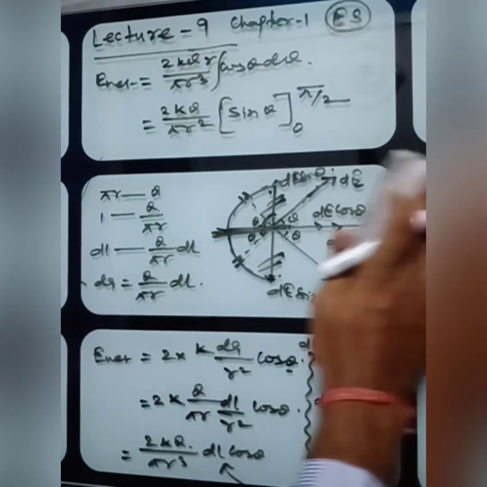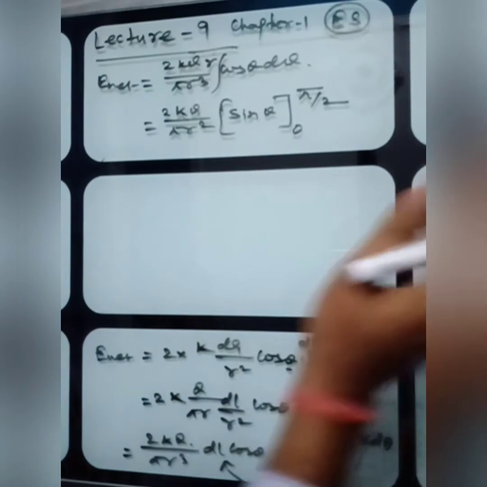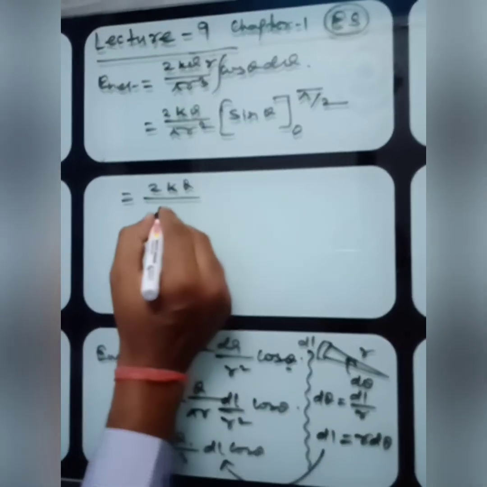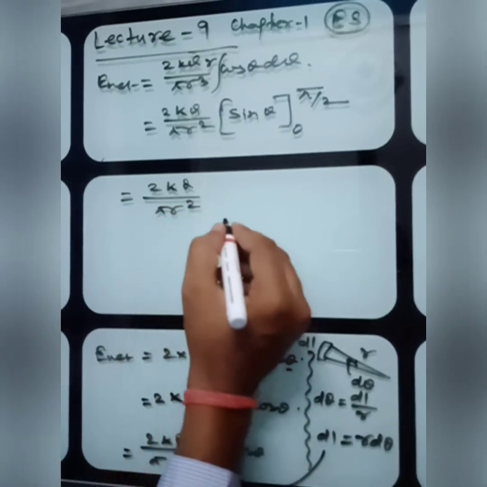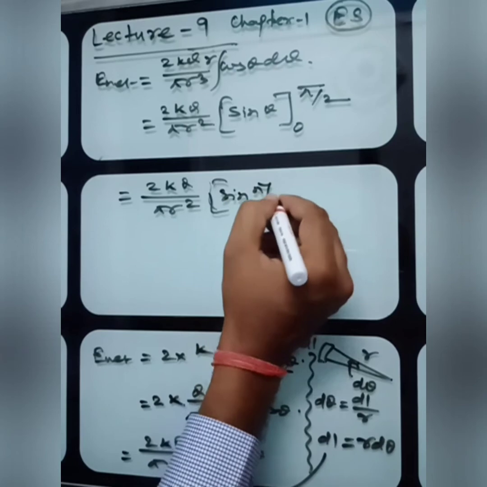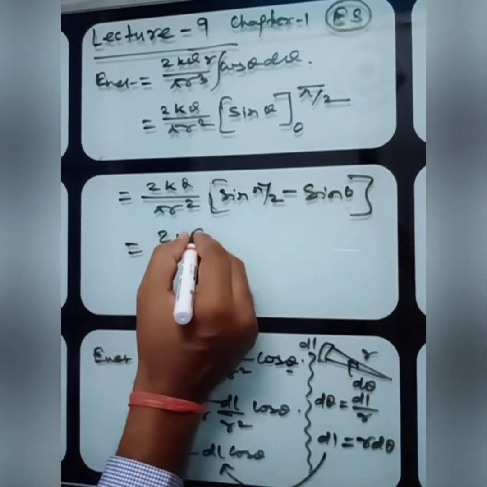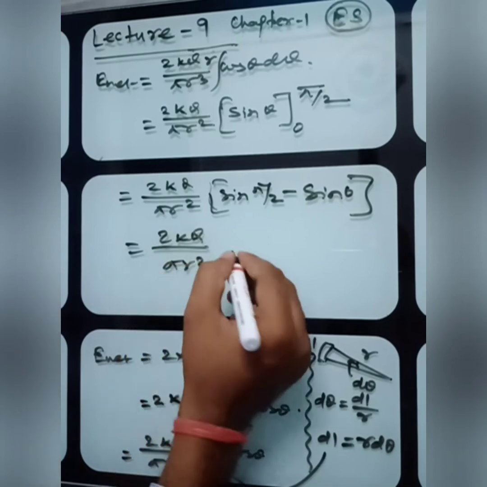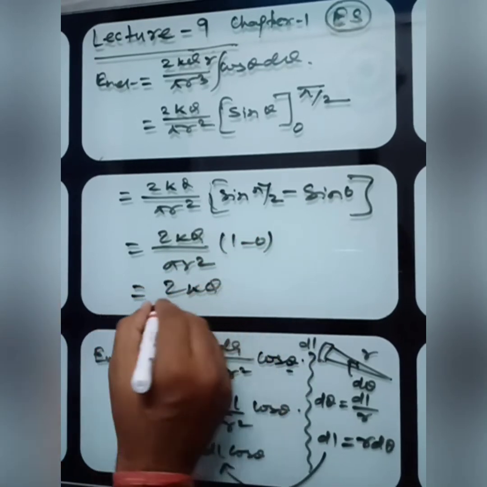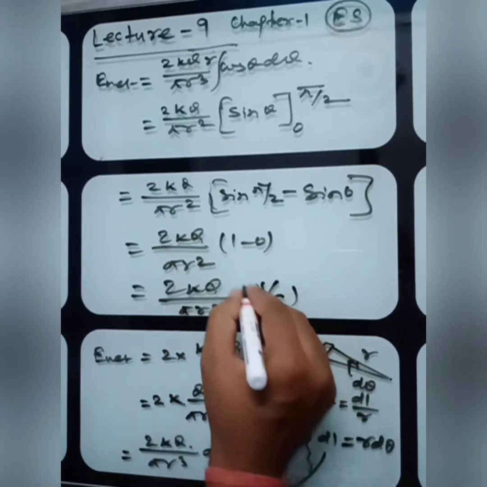Now you can find the answer. How much is it? 2kq by pi r square and sin pi by 2 minus sin 0, upper limit minus lower limit, kq by pi r square, 1 minus 0, overall 2kq by pi r square Newton per coulomb.